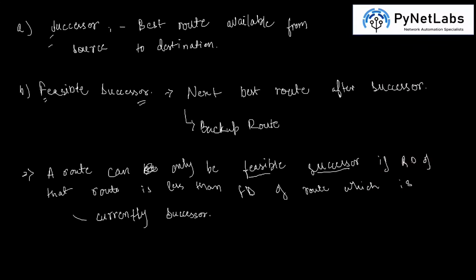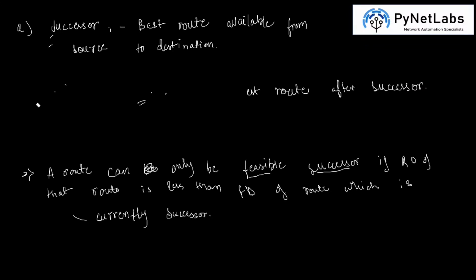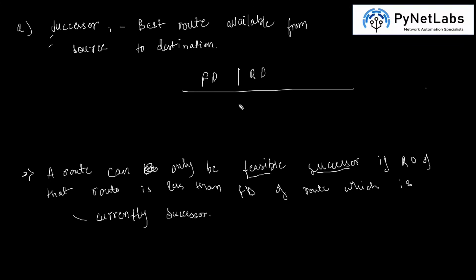So if we take the example again and look at the FD and RD table which we just created before this, let's take an example here, and let's say the FD of a route is 40 and RD is 20.